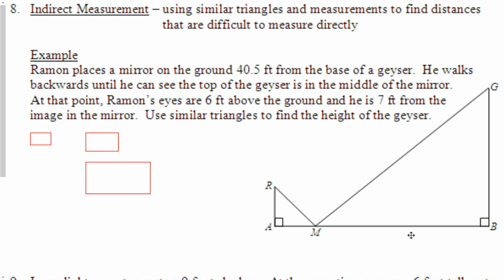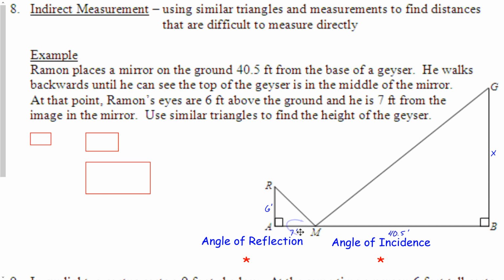First thing I would do is label all the sides and all the information that I know. So if I have everything labeled here, we need to figure out why these triangles are similar. So we have these terms, angle of reflection, angle of incidence.